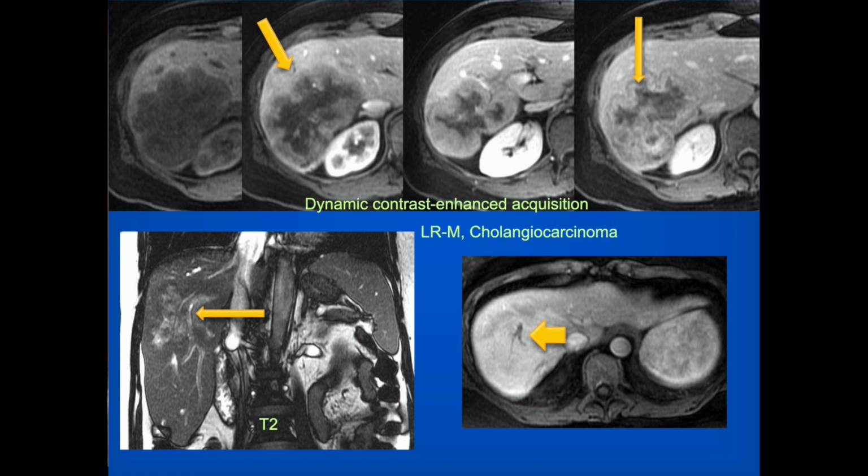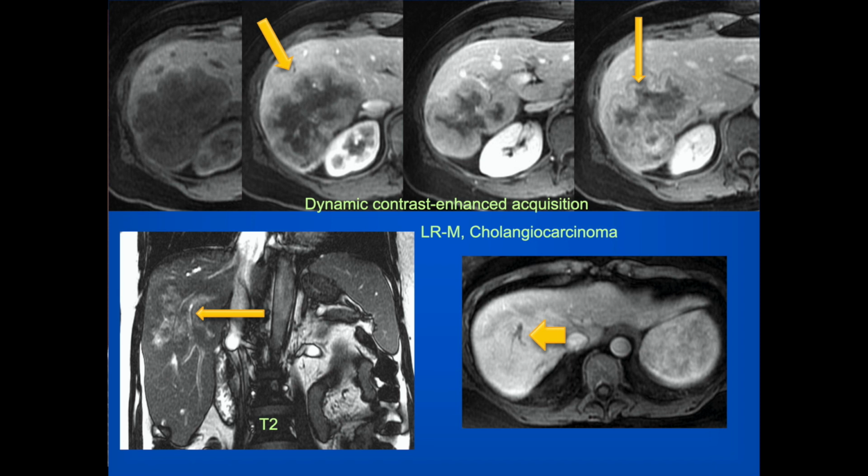Here you see a mass that has a lobular contour. When contrast is administered, there is progressive enhancement in sort of a band-like pattern that progresses into the later phase. Notice that there's this thin outer rim of washout. If you squint, there are some areas where you might see subtle arterial phase rim enhancement in the early arterial phase.